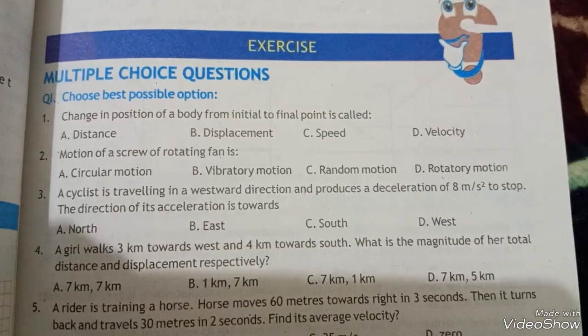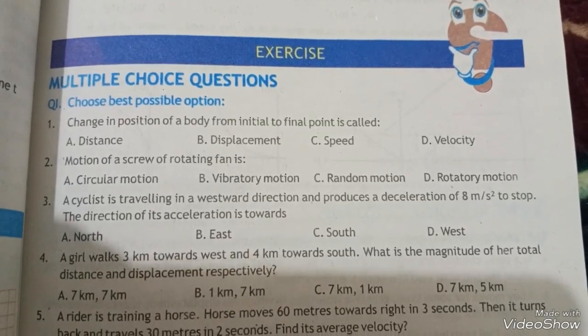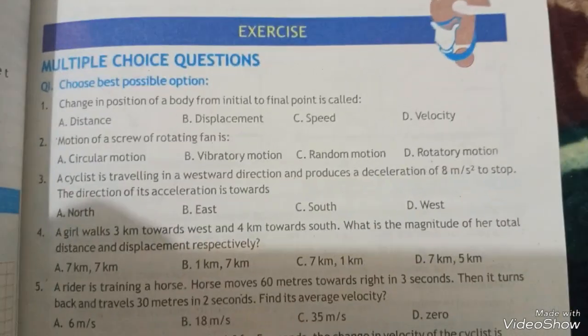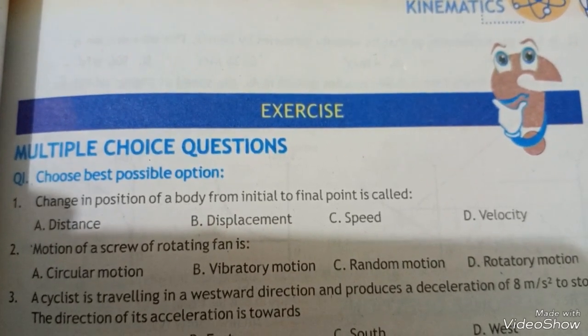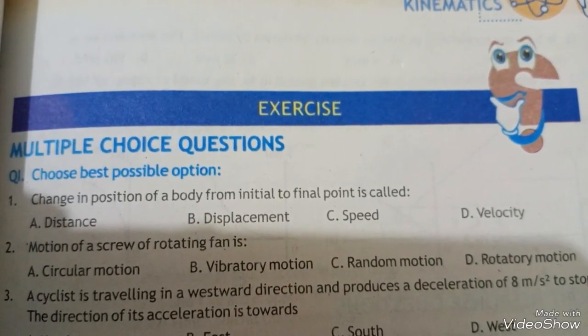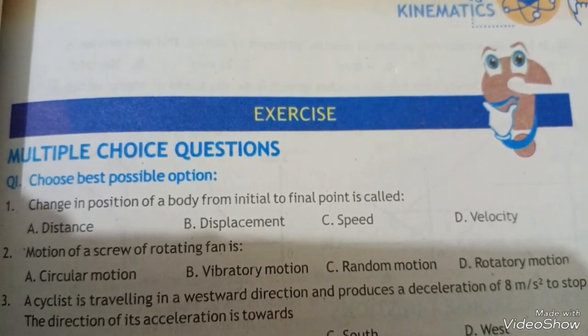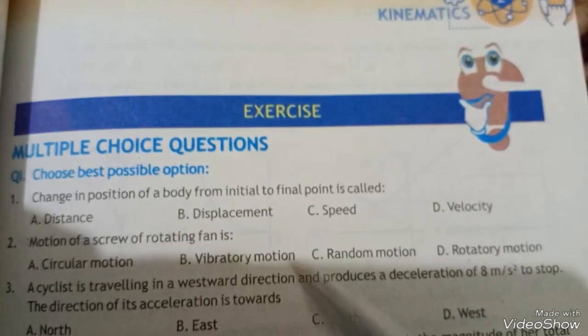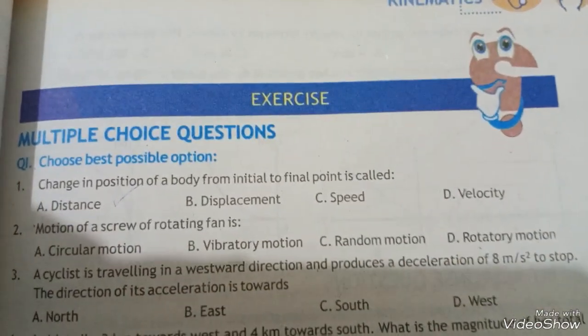As we know, option A is correct. Why? Because distance is the total length of the path covered by an object in a unit time, where it changes its position from the initial point to the final point. So option A is the correct answer.